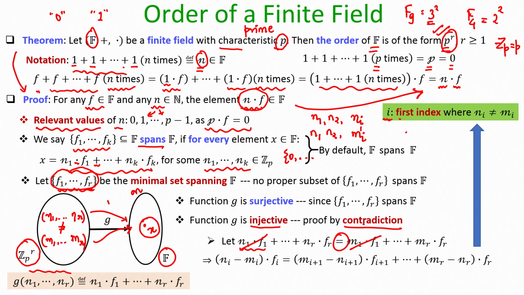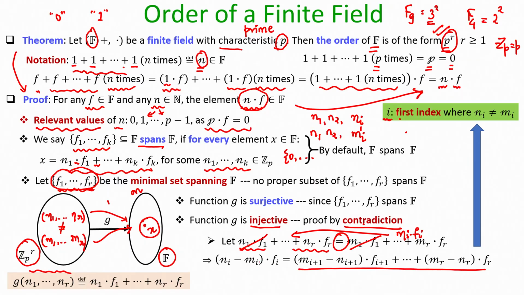In the same way, if N2 is the same as M2, I can cancel out N2 times F2 from both LHS and RHS, and so on. But then when I come to the ith term, what I have done here is I take the term Mi times Fi to the LHS, and whatever is the remaining part of the expression in the LHS, I bring it to the RHS. I have simply arranged the terms here.